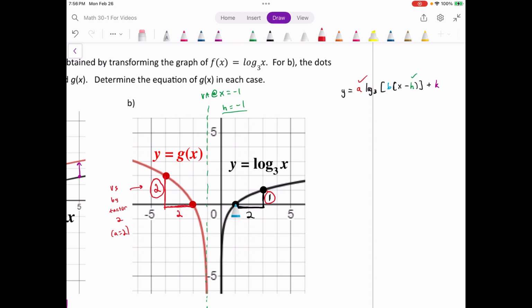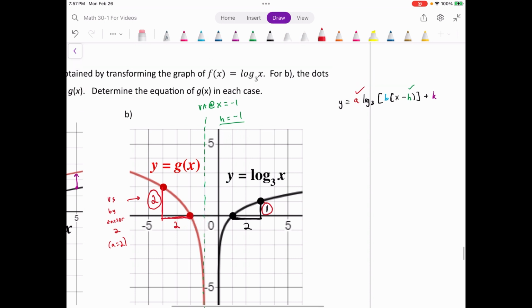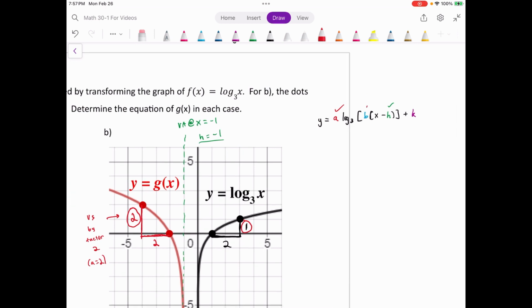Even look, this point that was at 1, 0 is now at -2, 0. So it would have got reflected to -1, and then the horizontal translation would have moved it 1 more to the left, putting it at -2. So it looks like our b is just -1, right?